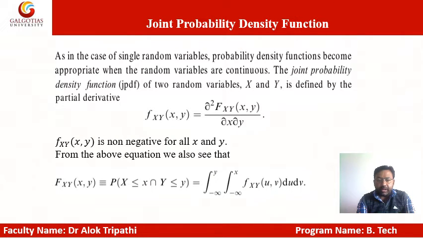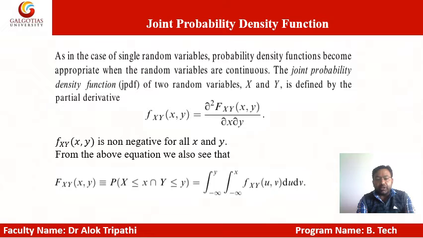Here we shall define the joint probability density function. If you can recall, we defined the probability density function for a one-dimensional random variable by differentiating its probability distribution function. Since here we are using two-dimensional random variables, partial derivatives come into the picture. So the joint probability density function is denoted by small f.